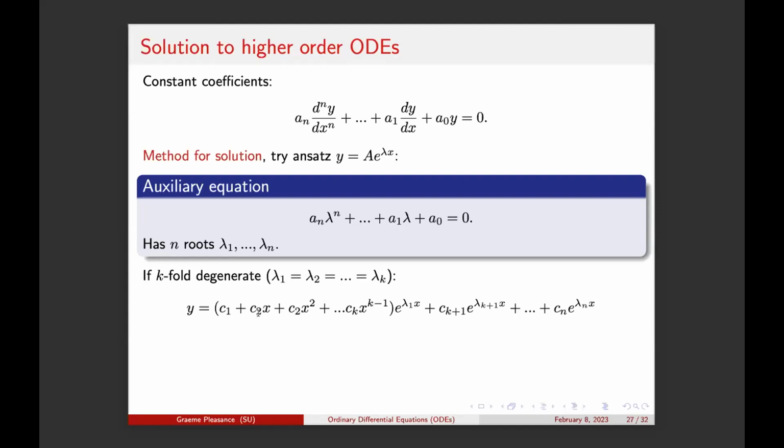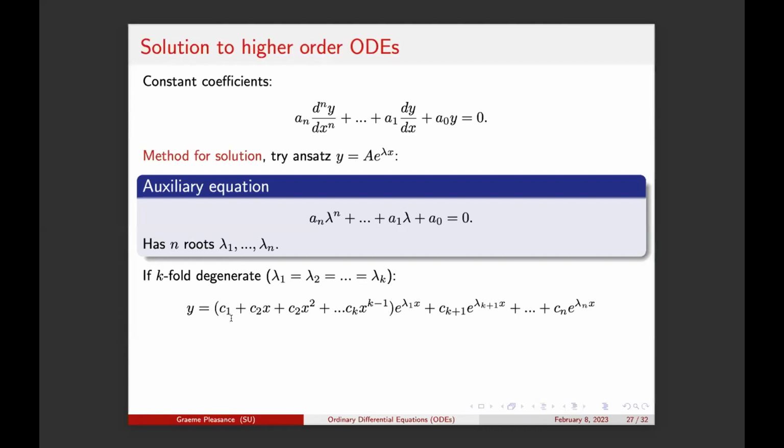If we didn't do this, the terms that we use to construct the solution wouldn't be linearly independent. One way we can modify this to ensure linear independence is, for each of these lambda values which are degenerate, to use a solution of this form.